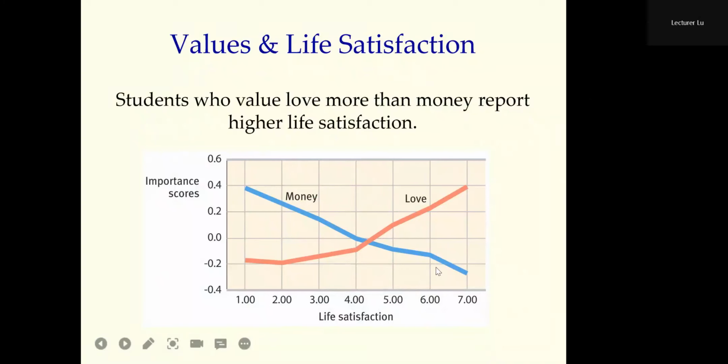As the importance of money scores increase, life satisfaction decreases. And for people who value love as a more important factor in their life, as the importance scores increase, the life satisfaction scores increase too.